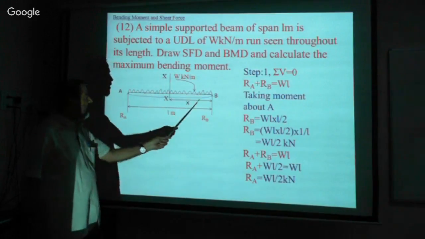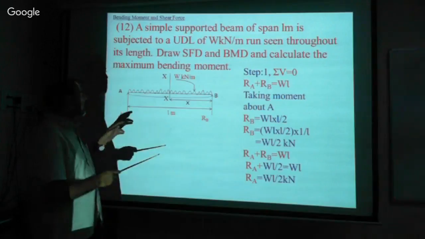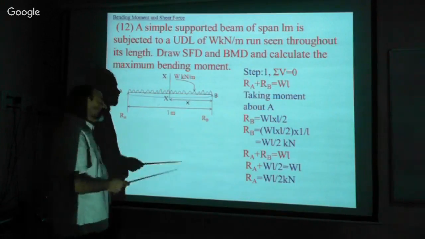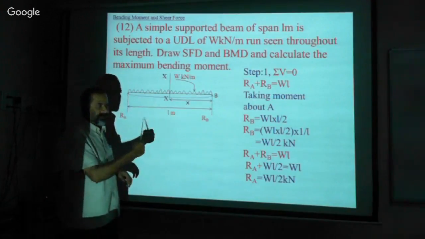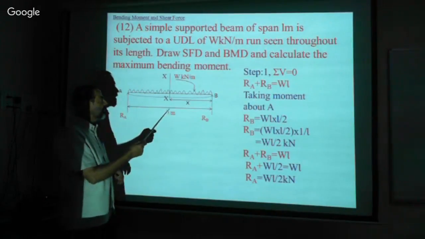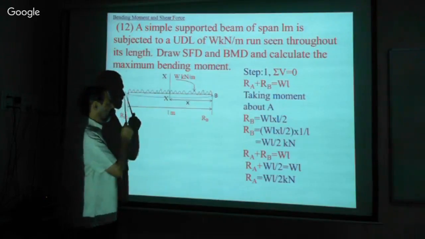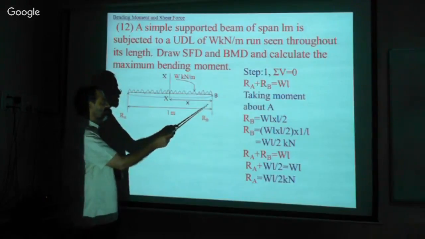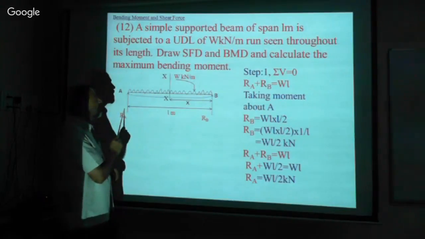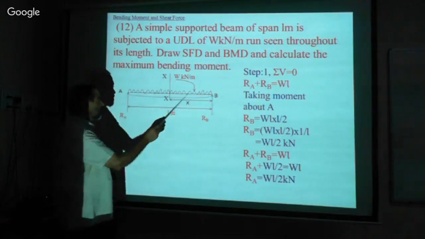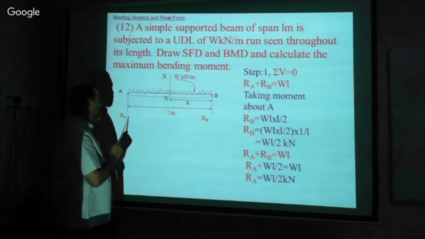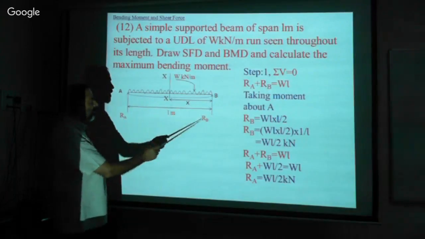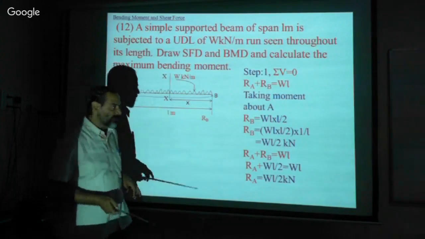Looking at the beam, straight away we can write down the load shared by RA and RB. The total load is uniformly distributed over the span, therefore half will be taken by this support and half by the other support.